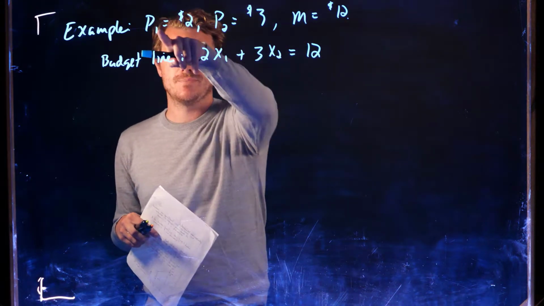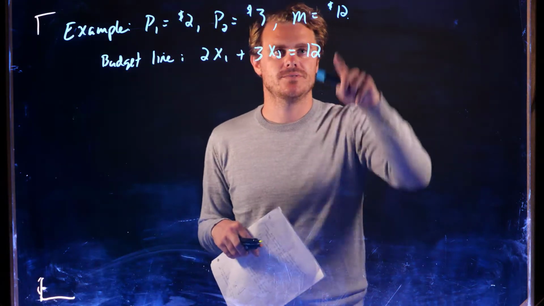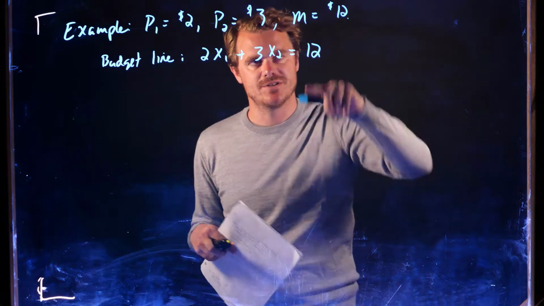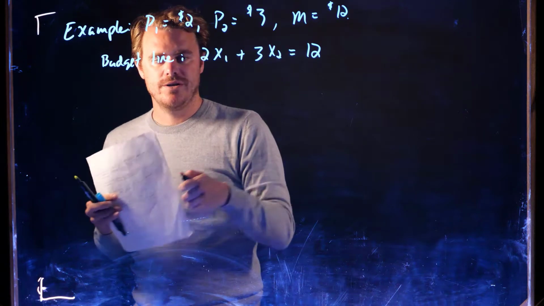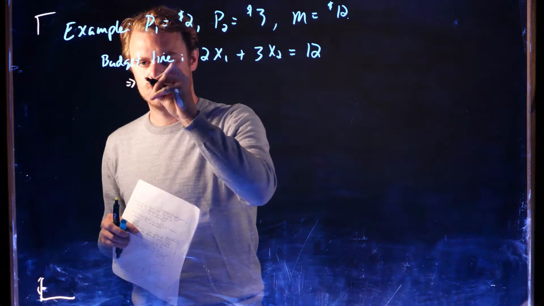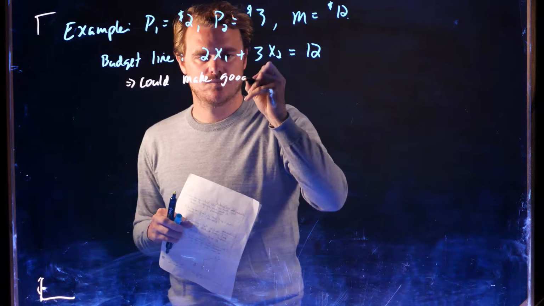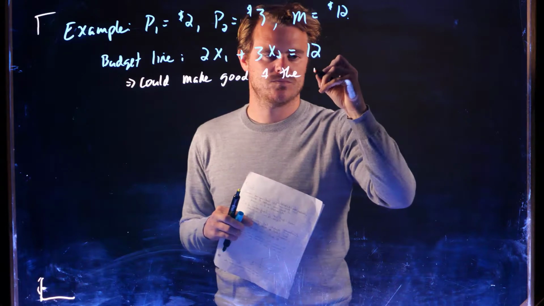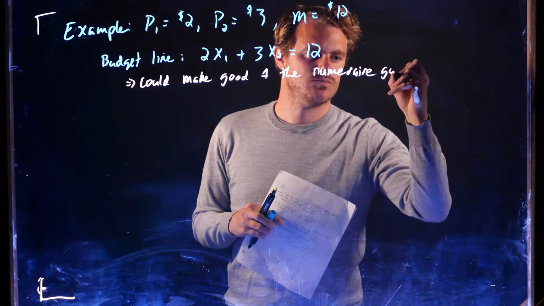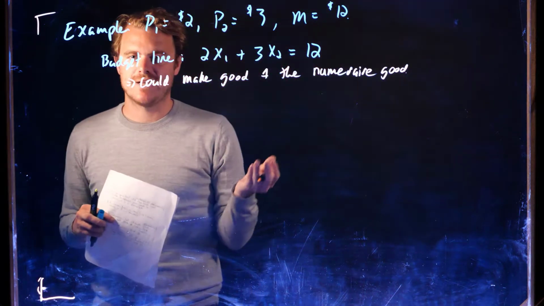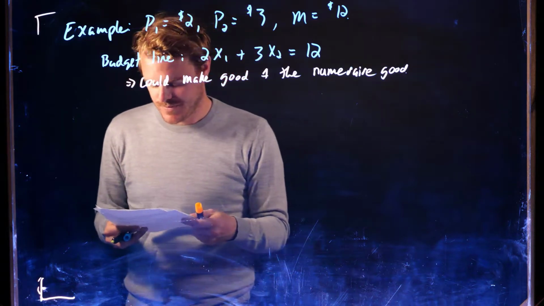Because all we're doing is plugging in 2 for P1 in our regular budget line and 3 for P2, and then our disposable income is 12. So we could make good 1 the numeraire good, which just means everything's going to be relative to the price of good 1.